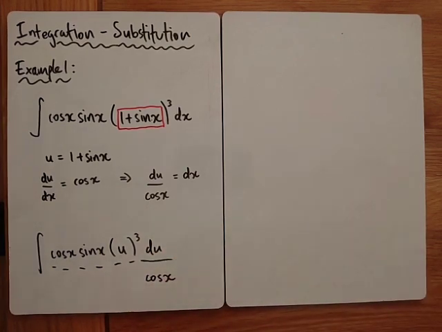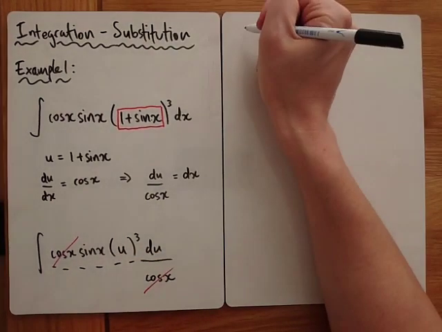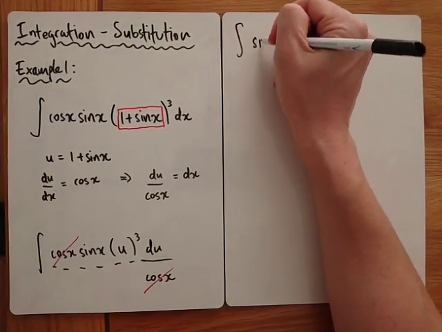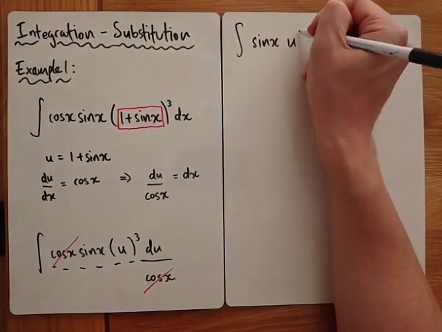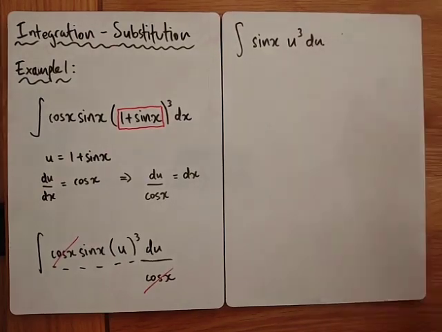Next step is to tidy up, see if we can take anything outside or cancel anything down. And clearly we've got a multiple of cos on the top, multiple of cos on the bottom, and we're left with sin x u cubed du.